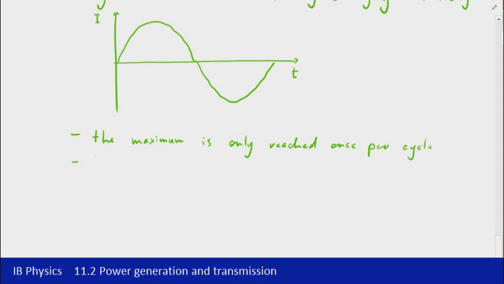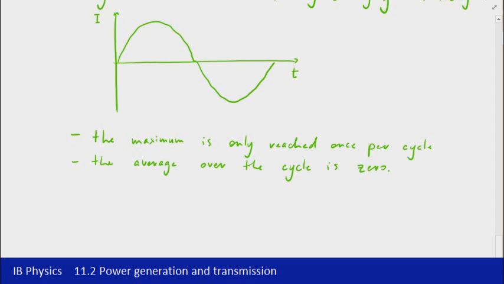The second problem is that the average over that cycle is going to be 0. So neither of those two measures are particularly useful, given that they're not good representative values of the quantity that you're interested in.